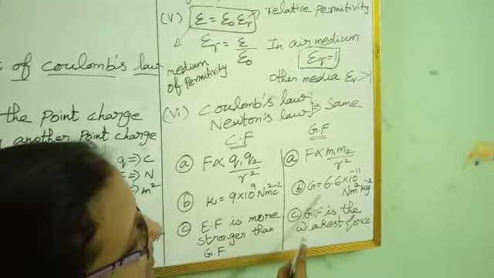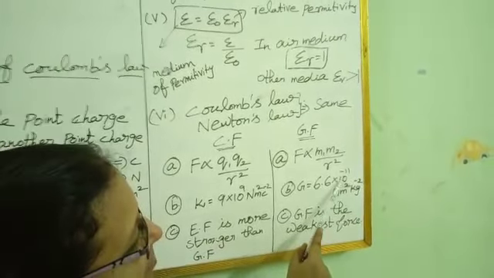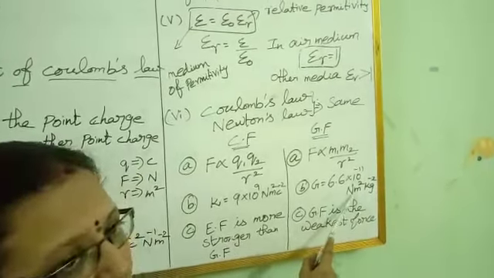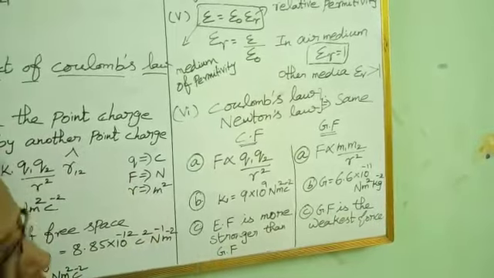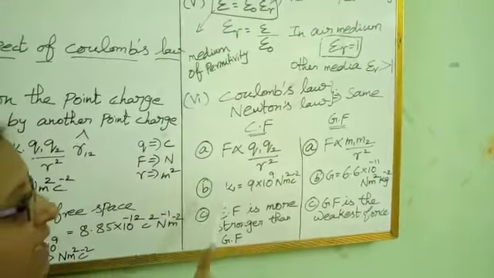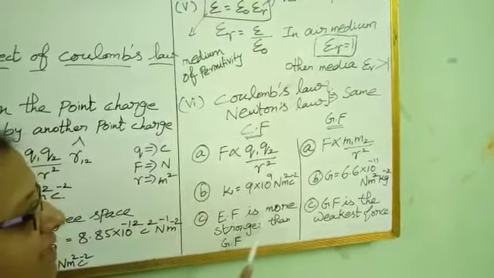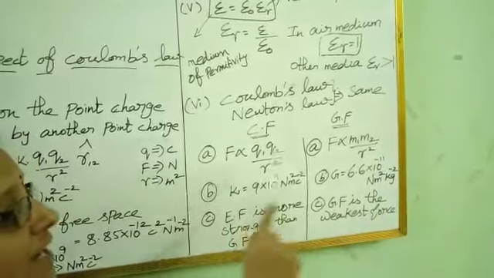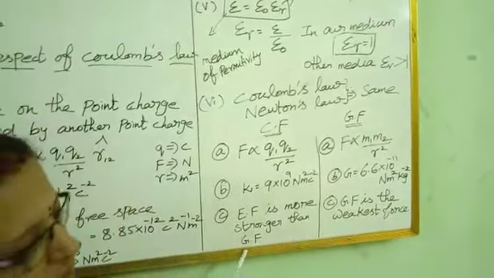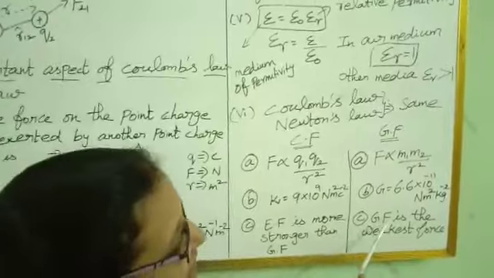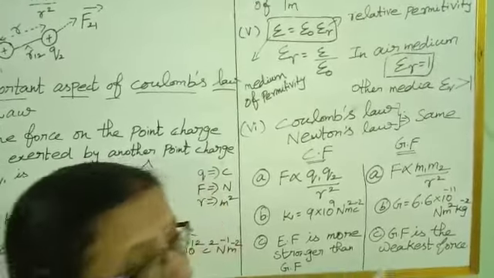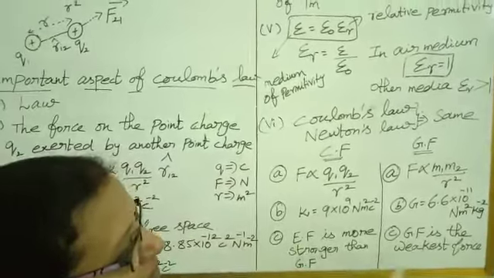Here G equal to 6.6 into 10 to the power of minus 11 Newton meter squared kilogram power minus 2. And then the third point, electrostatic force is much stronger than gravitational force. See this difference. Gravitational force is the weakest force compared to this force.